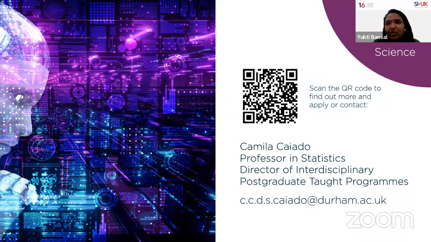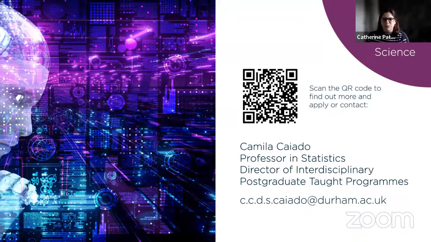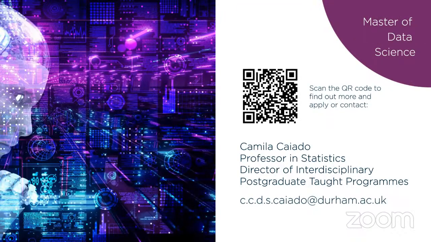Okay, no issues. What do you think are the pros and cons, if there are any, about getting a master's degree in the UK for international students? Ravi, is that one you could come in on? Pros and cons studying in the UK? Definitely, Catherine. So thank you for the question.